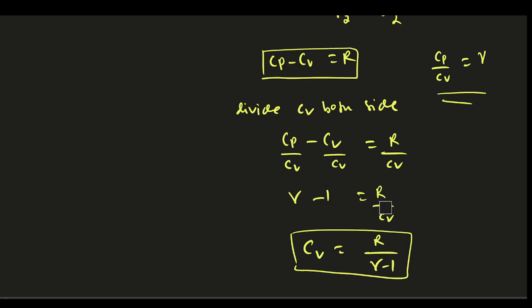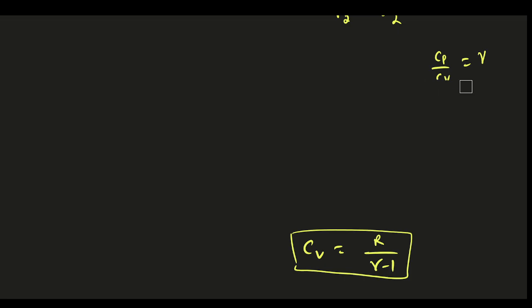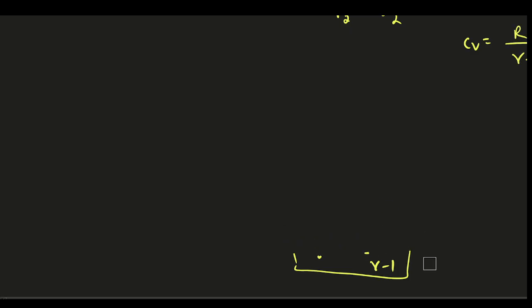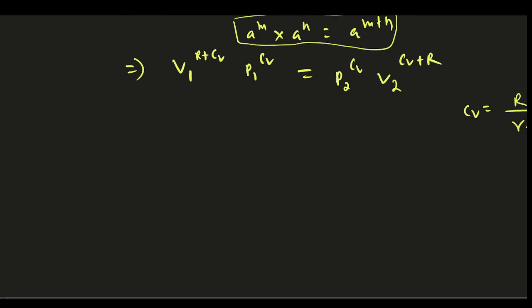So I want to put this value CB equal to R by gamma minus 1 here. So what I'll do, I just put this value here, so I'm going to just erase it. What you get, CB equal to R by gamma minus 1. So I'm just going to use this CB here.